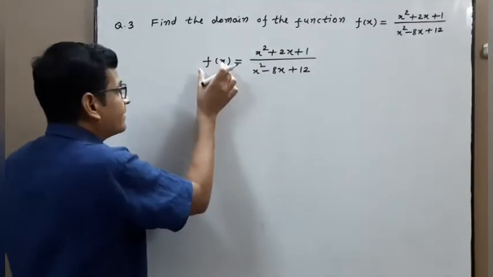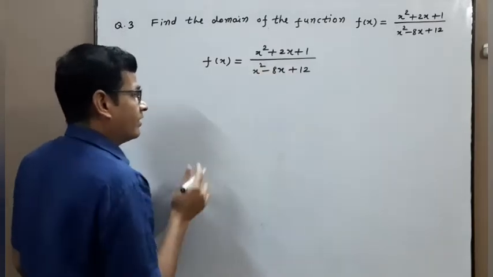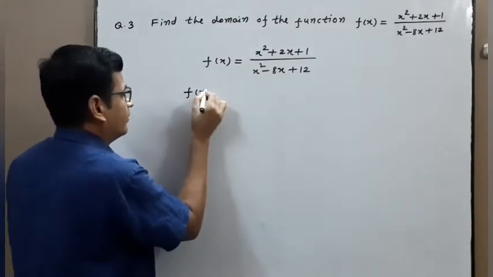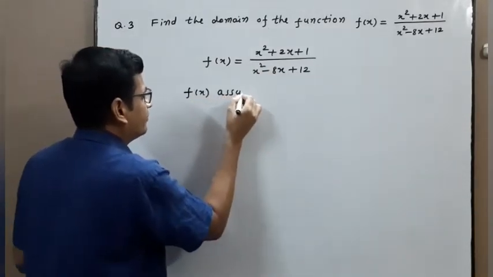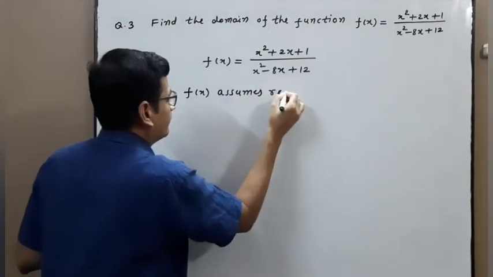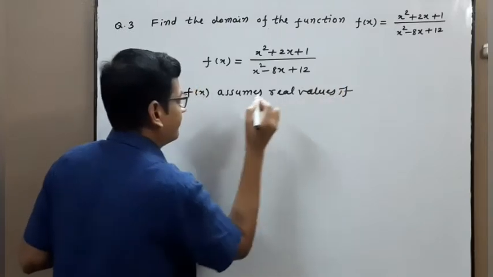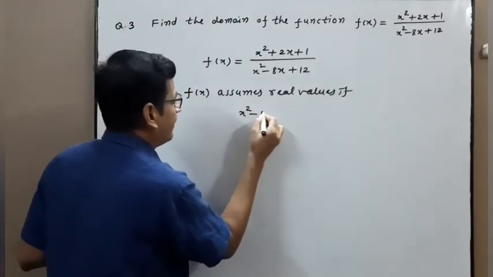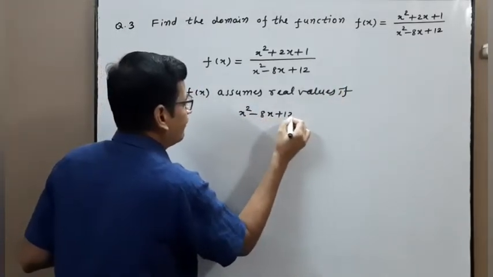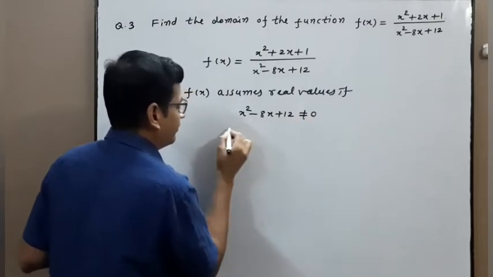So f(x) is not real when the denominator equals 0. So f(x) assumes real values if x squared minus 8x plus 12 is not equal to 0.